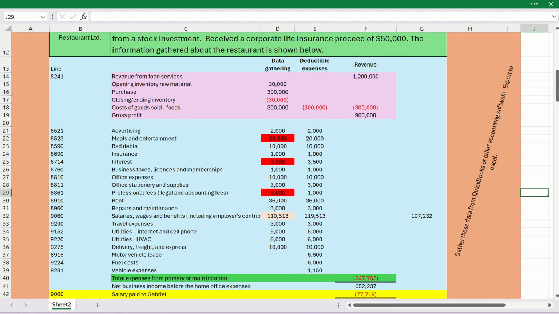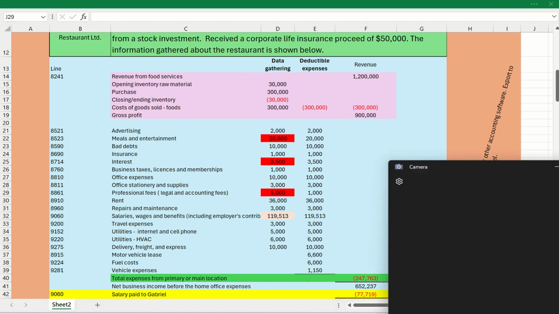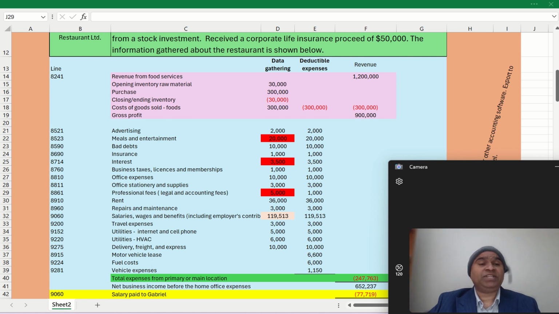Some individuals do not use QuickBooks, especially if they are a small business and their net profit, or the taxable income, is below $1 million or $2 million. If they're able to deduct their small business deduction, they are considered to be a small business. If they're not, it is most likely they are not a small business.